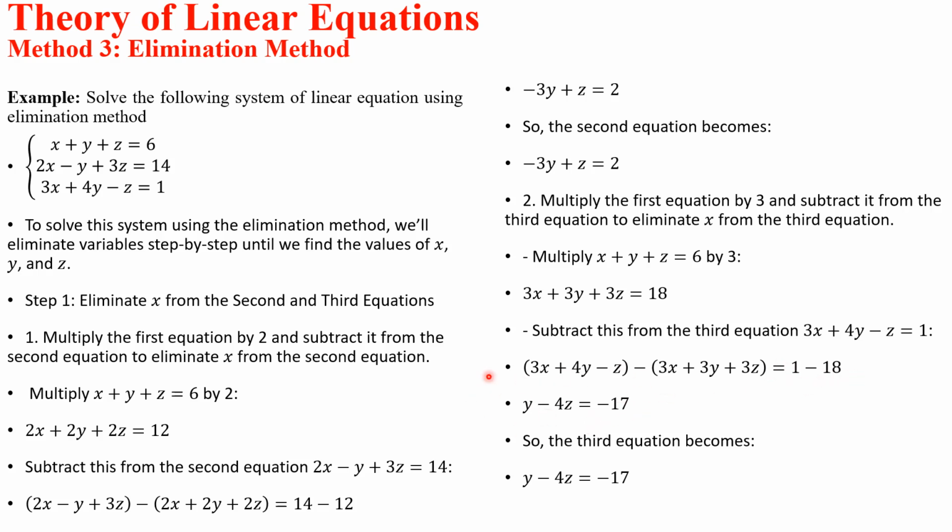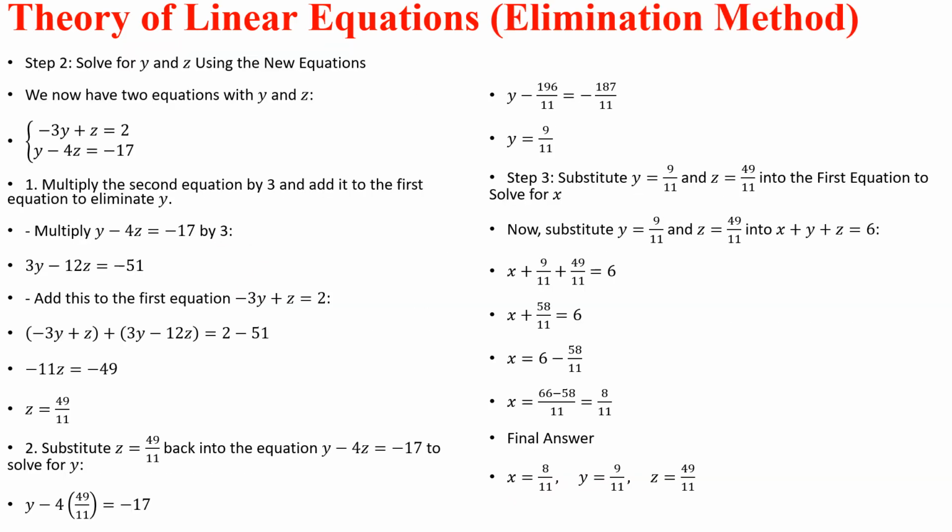So this is what then occupies the third equation. The third equation becomes this. So what we then do is solve for y and z using the new second and third equations.